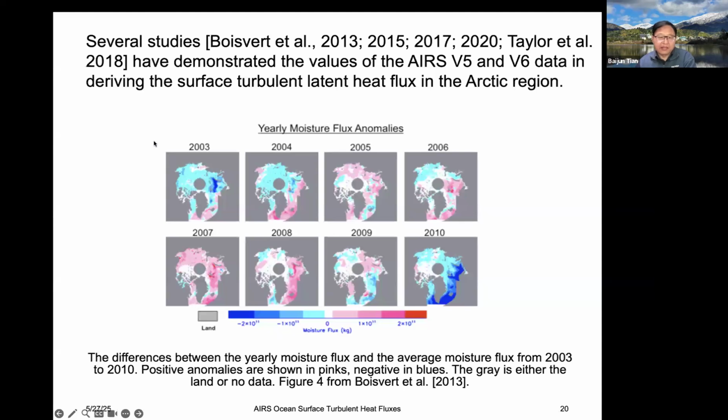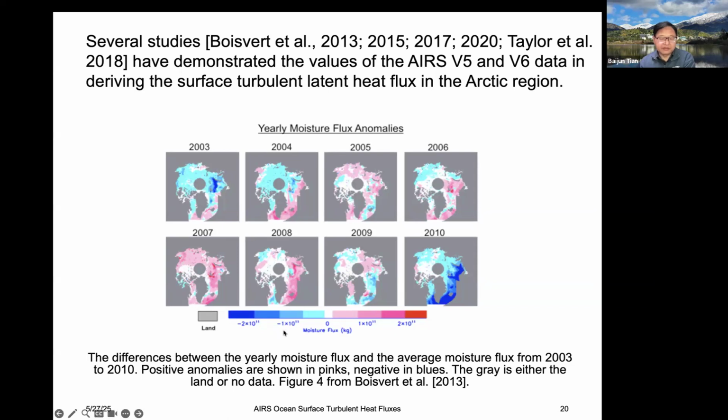Also, several studies by Dr. Boisvert, several papers, and also Taylor et al. 2010, also demonstrated the value of the AIRS within 5, within 6 data in deriving the surface turbulent flux in the Arctic regions.